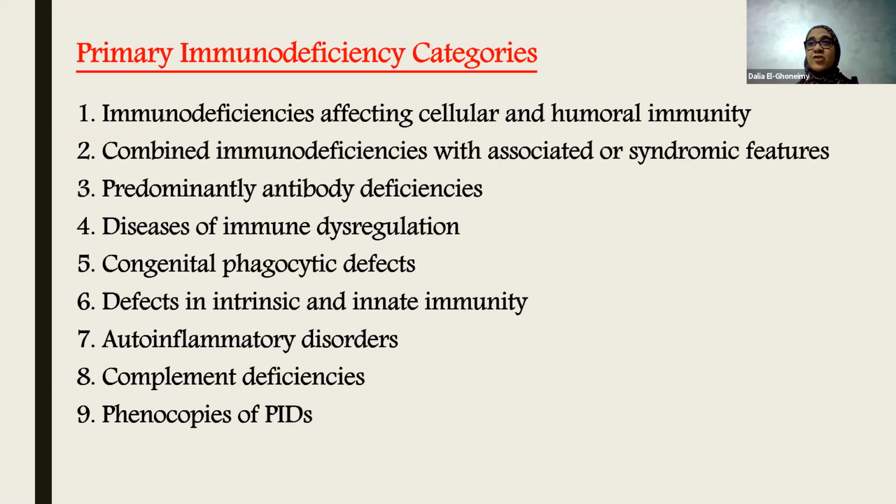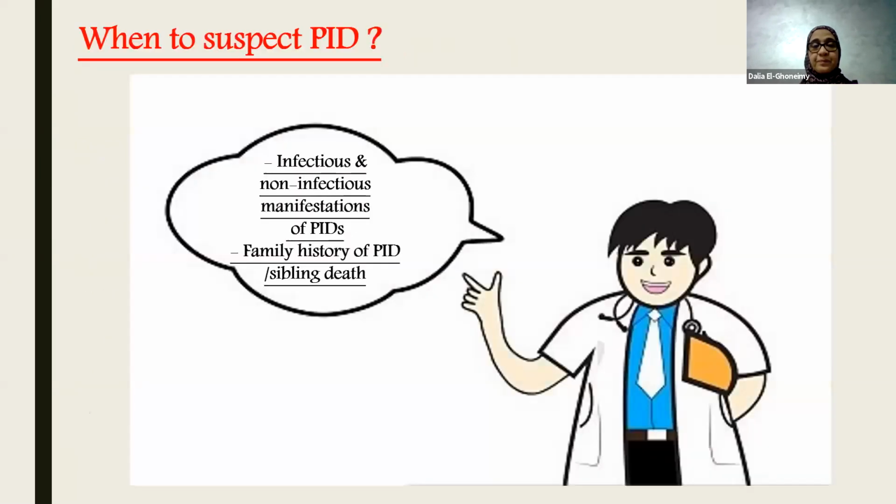And this is the classification by the International Union of Immunological Societies. Getting into details about different subgroups is beyond the scope of this lecture, so I just demonstrate the different subgroups of these disorders.